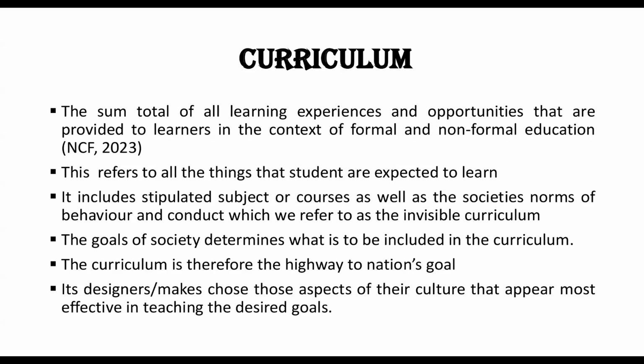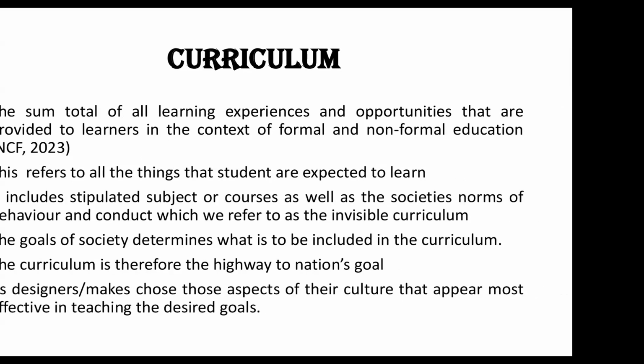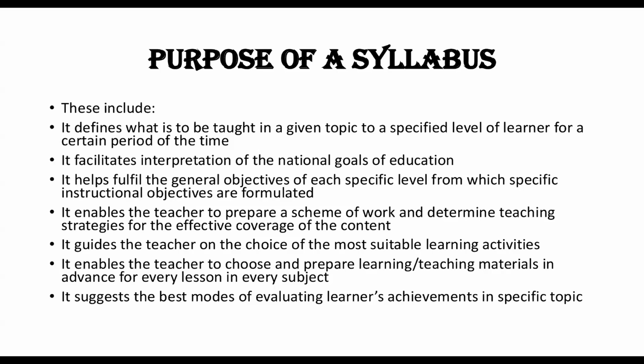So we can move on to the next document that follows, which is closer to you, which is called the syllabus. This is where you directly draw the scheme of work. The scheme of work comes from the syllabus or the course outline.